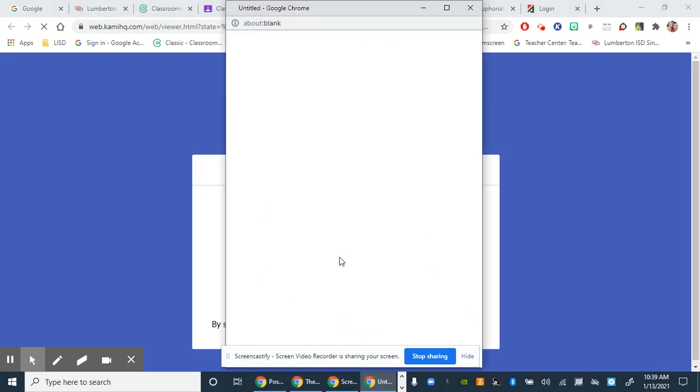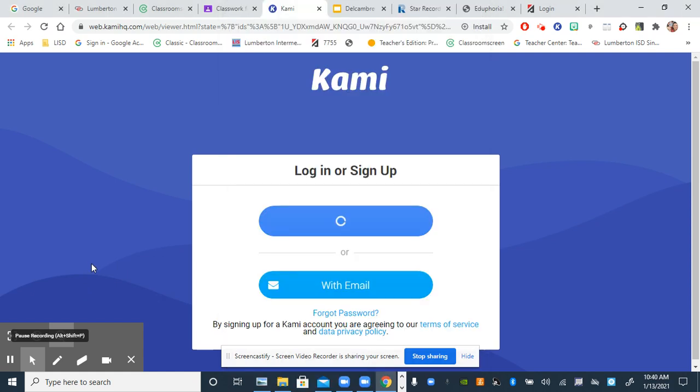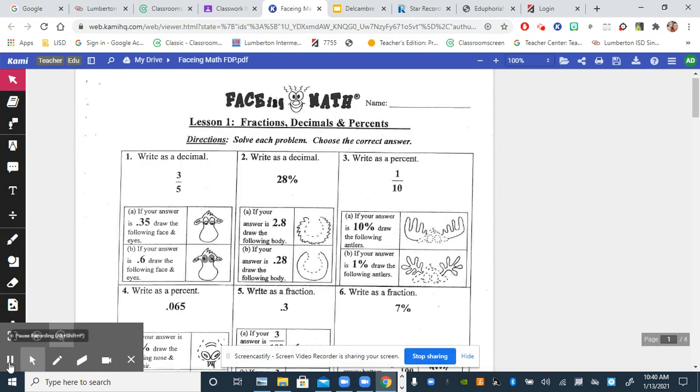Give Cami a minute because it's loading. Okay, it finally loaded.